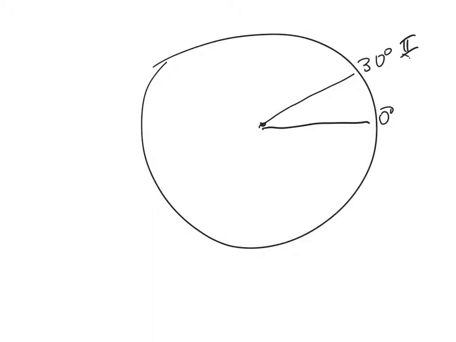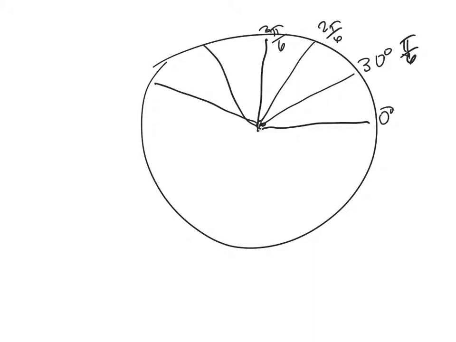I like the 1 pi over 6 thing because then that easily leads to 2 pi over 6. Get what I mean? The next spot would be 2 pi over 6s. What's the third spot? 3 pi over 6. What's the fourth spot? 4 pi over 6. 5 pi over 6. What do you think that spot's going to be? 6 pi over 6, also known as pi.